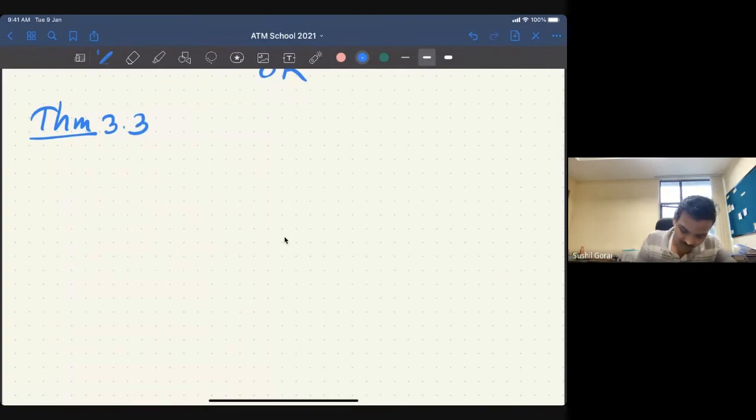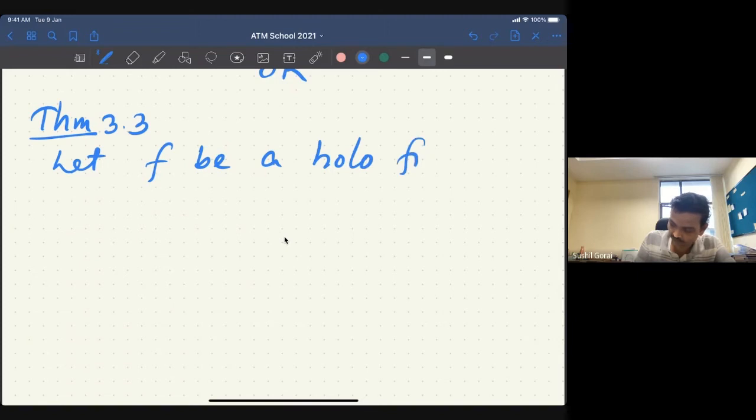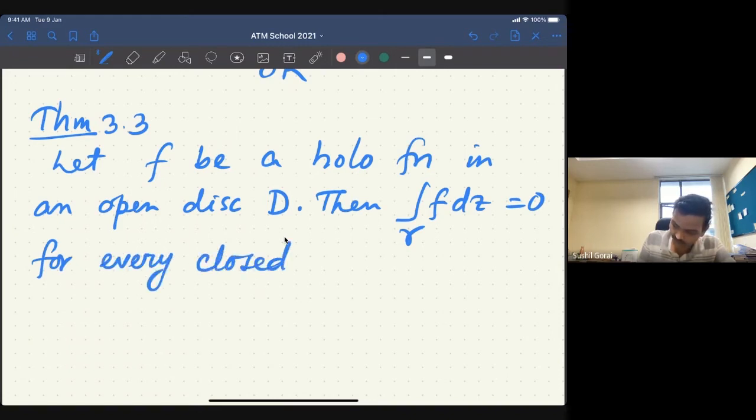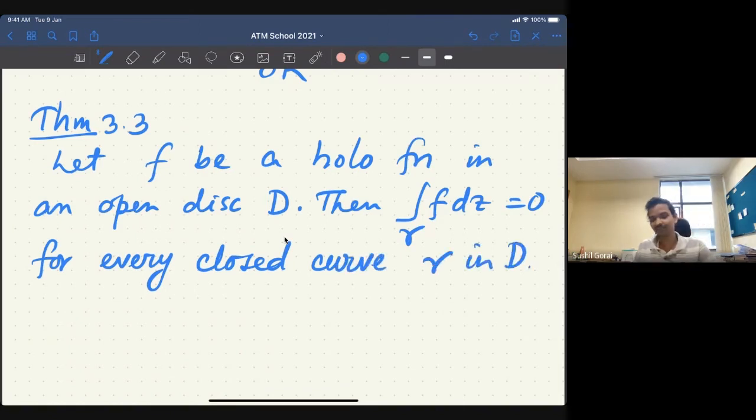So let f be a holomorphic function in an open disk D, then the integration over gamma of f dz is 0 for every closed curve gamma in D. See, we have changed the statement a little bit, right?